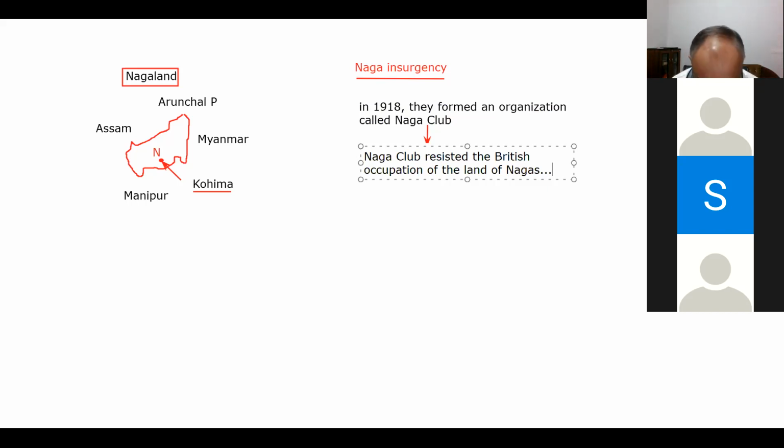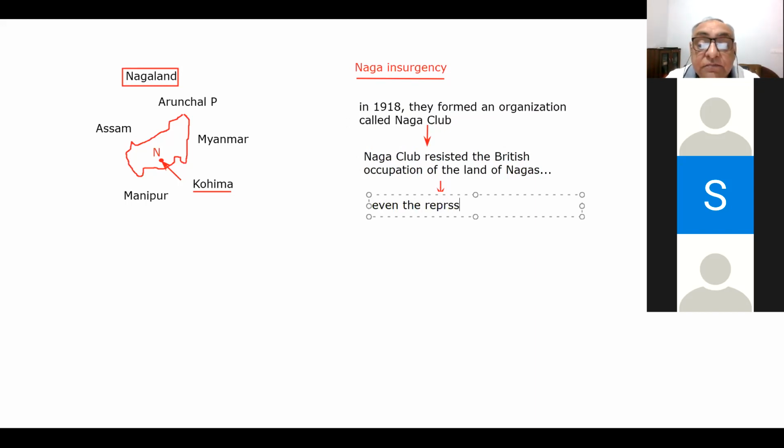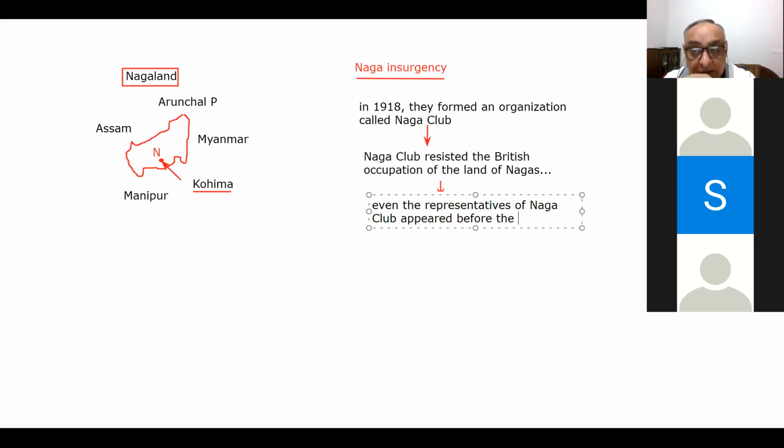चल रही है, right, so we can say that is there, and even the representatives of Naga Club, we can say, appeared before the Simon Commission. वो Simon Commission के आगे appear हुए, right, and they pleaded for self-determination.